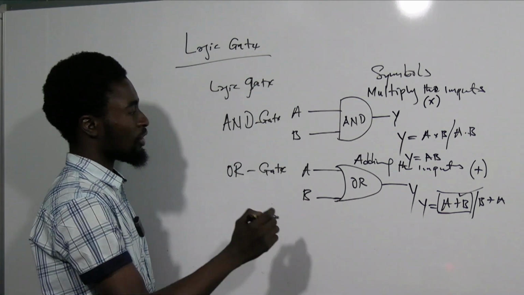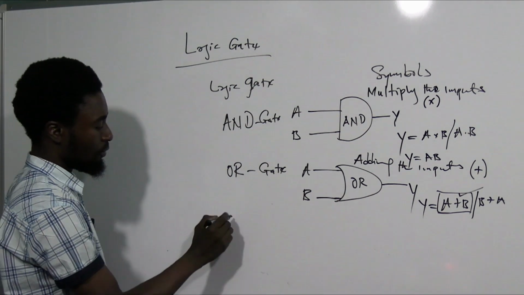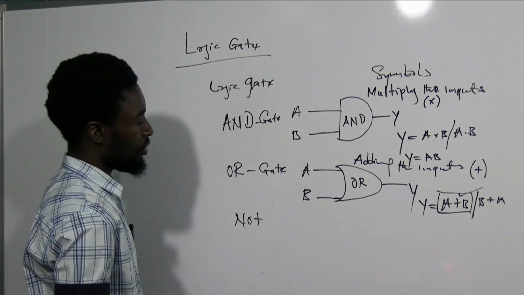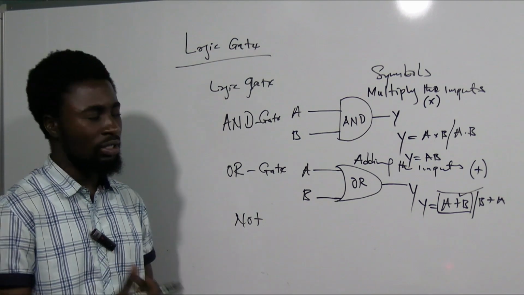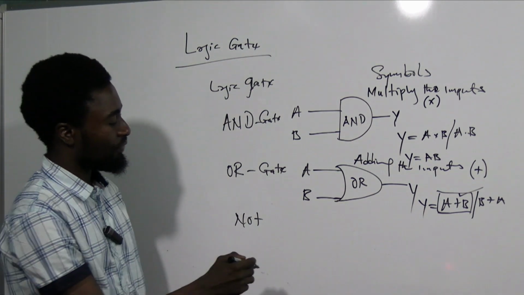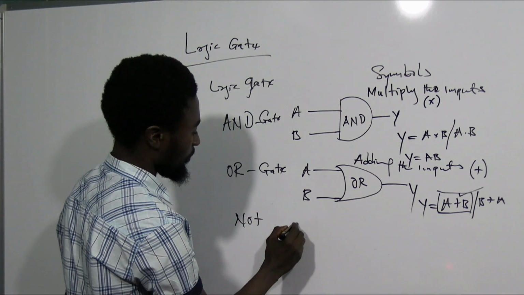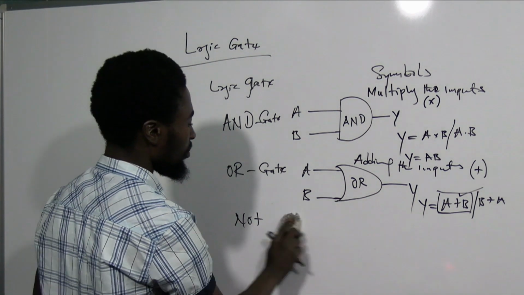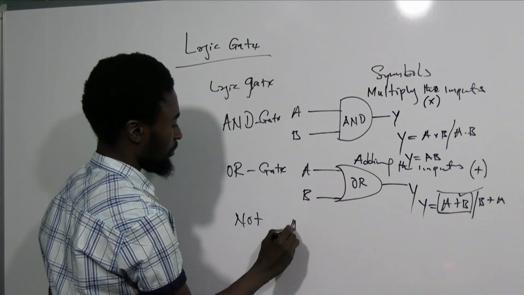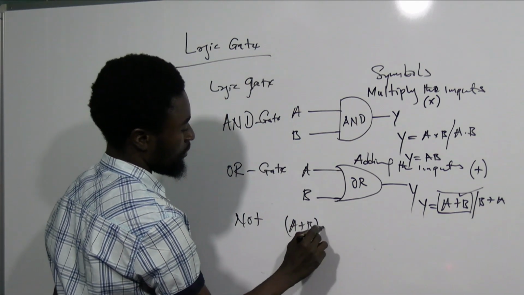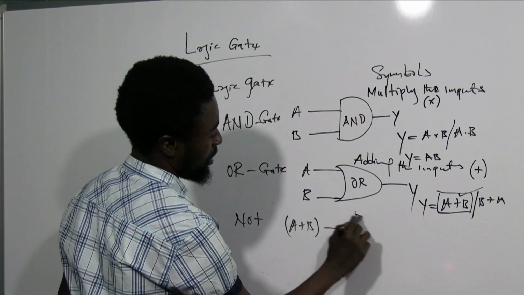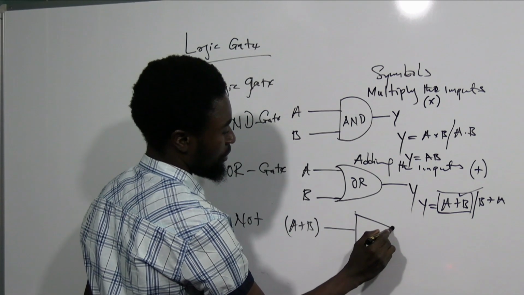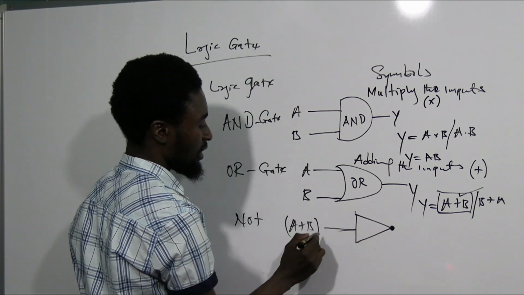So let's look at the other basic gate, which is the NOT gate. For the NOT gate, you have a single input passing through that gate. That single input may be an expression, for example A plus B, passing through the NOT gate, which is drawn this way.